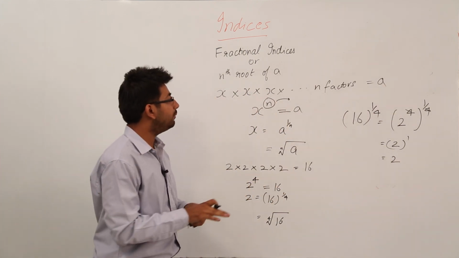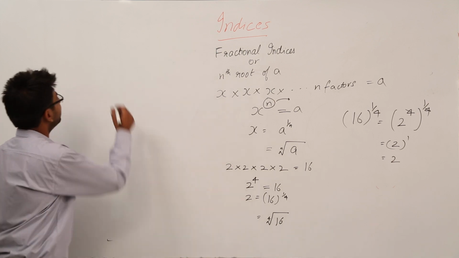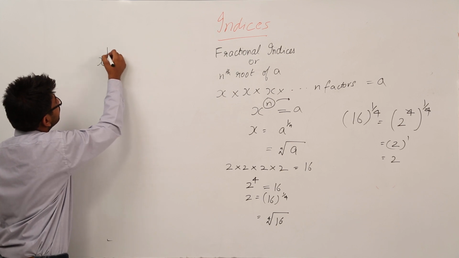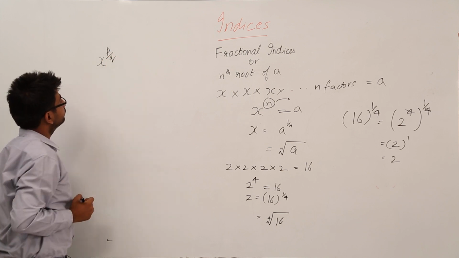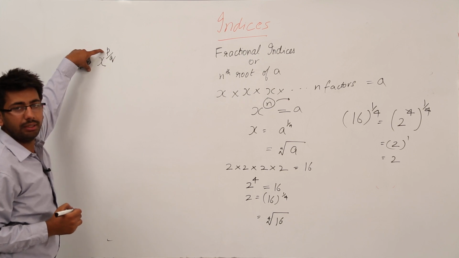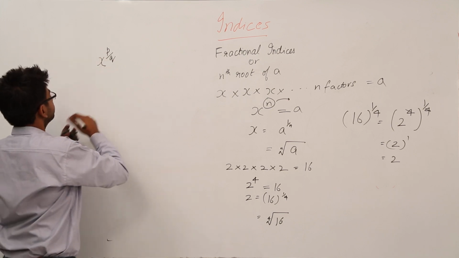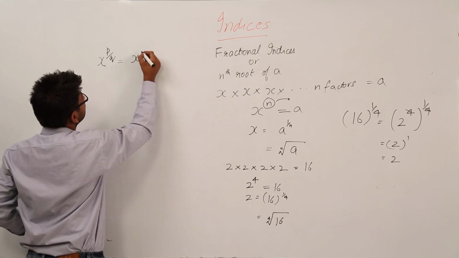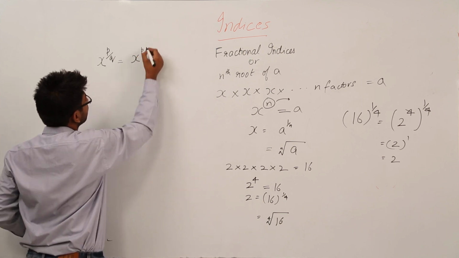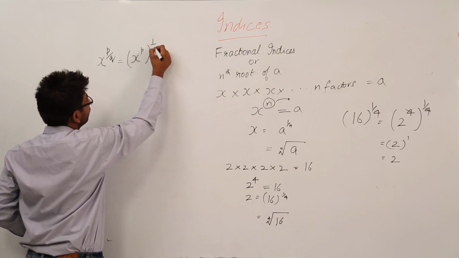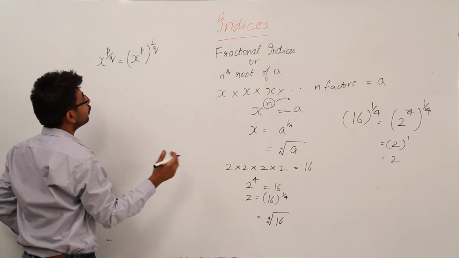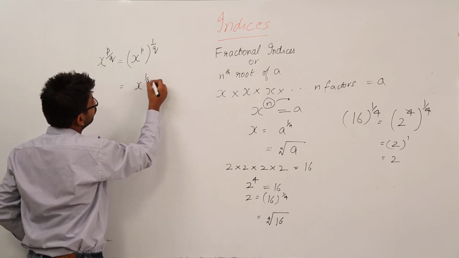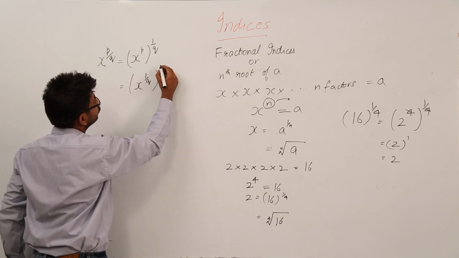This is a very important property. Let me tell you, the property says that x raised to power p by q is written as x raised to power p, whole raised to power 1 by q. It is also written as x raised to power 1 by q, whole raised to power p.